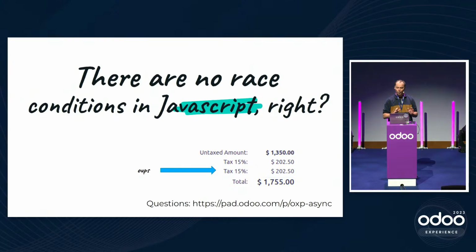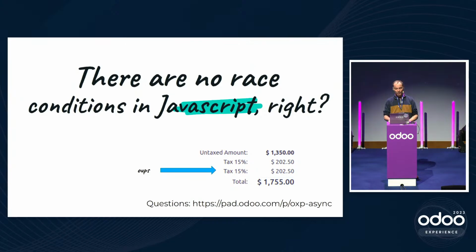I don't remember which button, but it was essentially a double-click issue that triggered multiple requests to the server, which in turn would apply the tax twice on some lines. Obviously, this is a problem that should be handled on the server side, but it should also be handled on the browser side, because if you understand your users, many of them will always double-click anyway. So you should be safe.